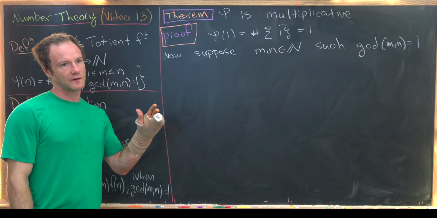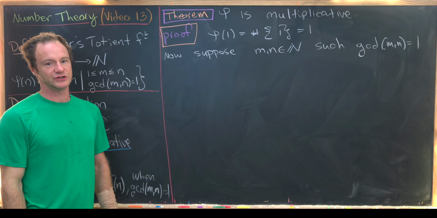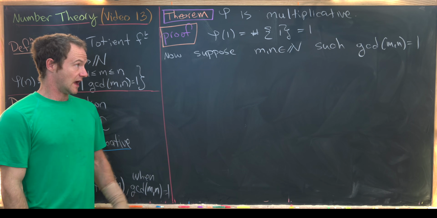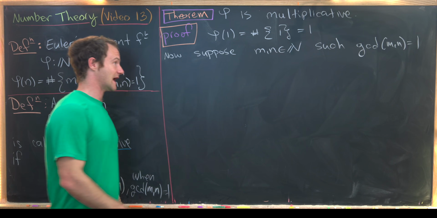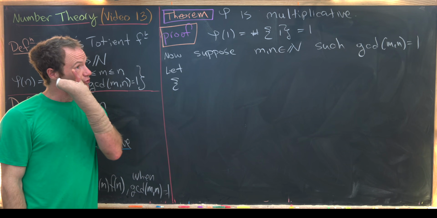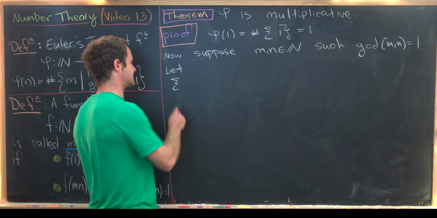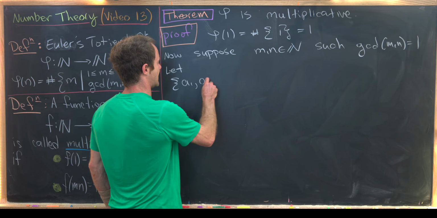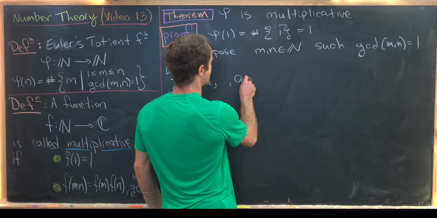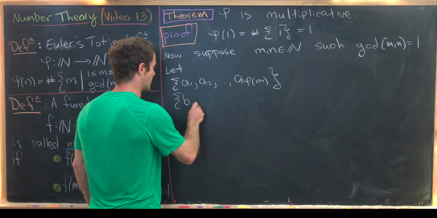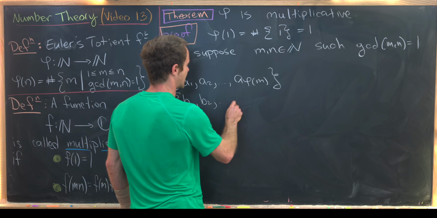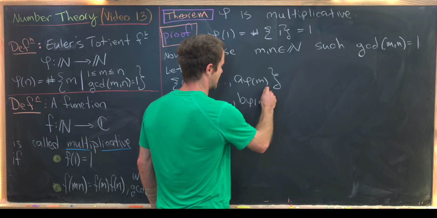And now let's recall in the last video, we had the notion of a reduced residue system. We're going to want to use that notion for these two numbers m and n. So let's bring two reduced residue systems into existence: A_1, A_2, all the way up to A_phi(m), and then B_1, B_2, all the way up to B_phi(n).